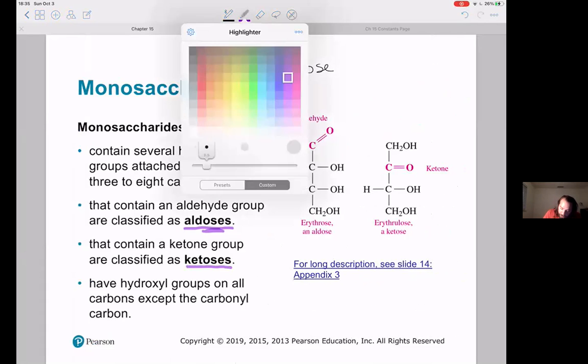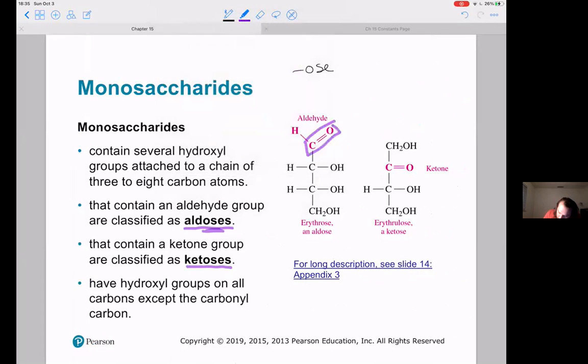The other thing I want to point out is, here are our carbonyl carbons. Notice how every other carbon in this sugar is bound to an alcohol group. So there is a 1-to-1 ratio of carbons to oxygens within your sugars. One of them is going to be a carbonyl group, either an aldehyde or a ketone. Again, if it's an aldehyde, it's an aldose; if it's a ketone, it's a ketose.